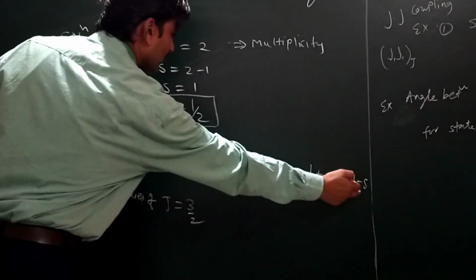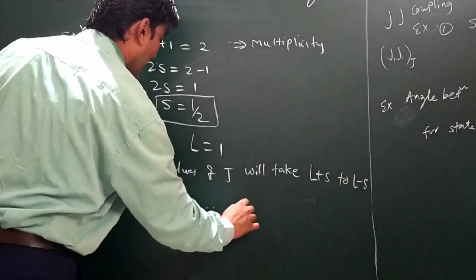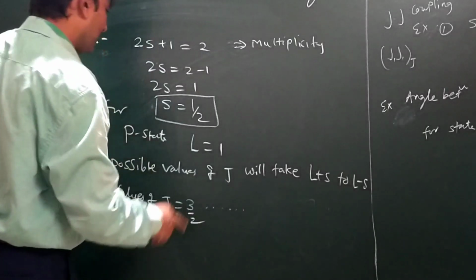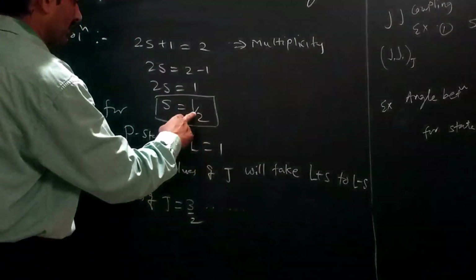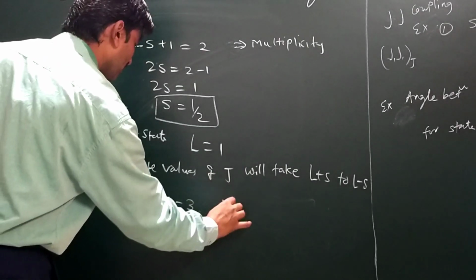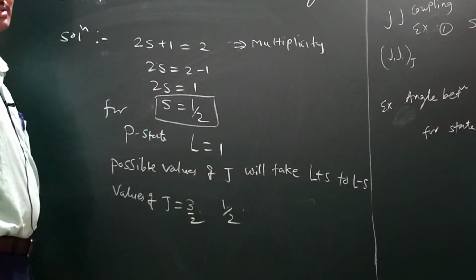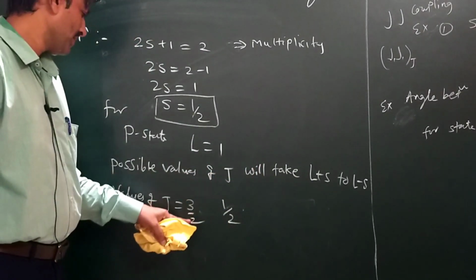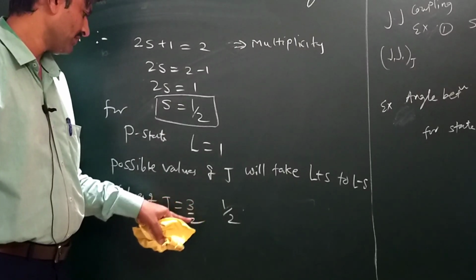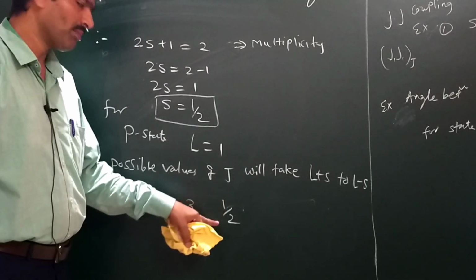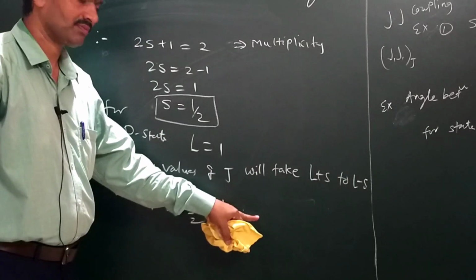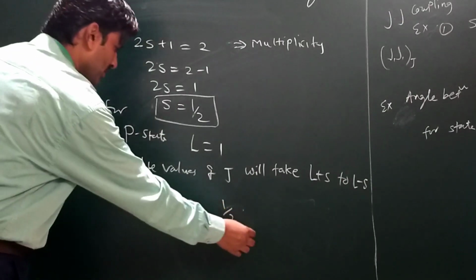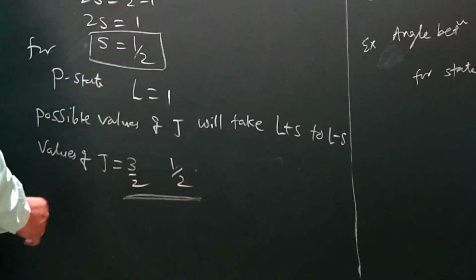And down to L minus S, where L is 1, that is 1 minus half, which is half. There are no other terms, because it is 3 by 2 and 1 by 2. So we get these two values.